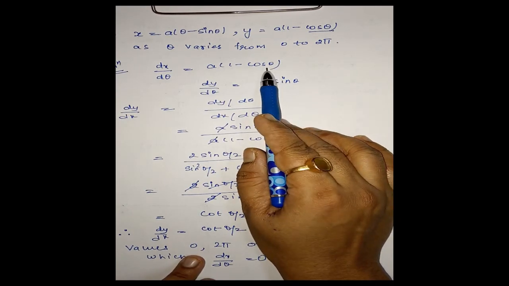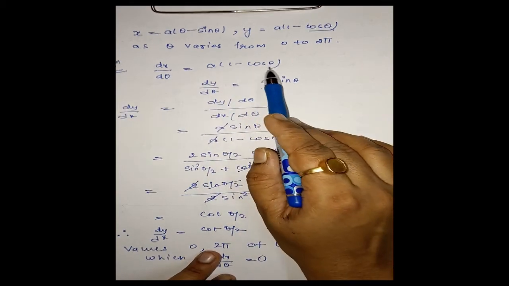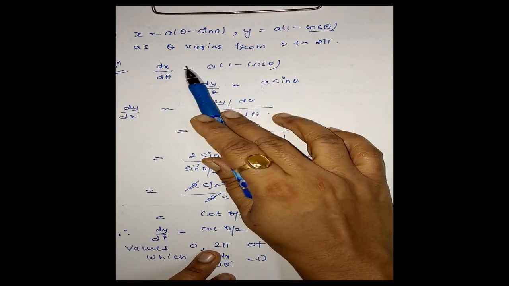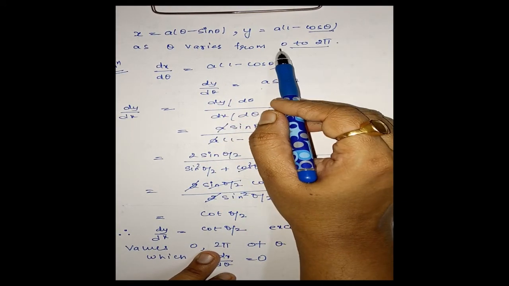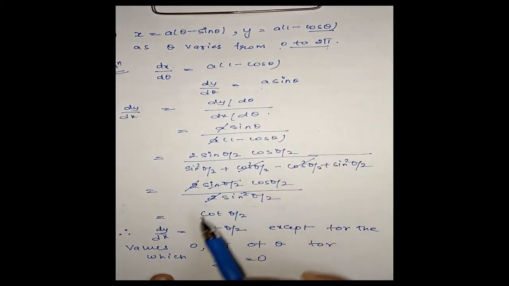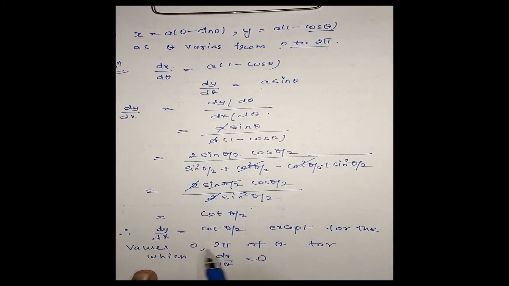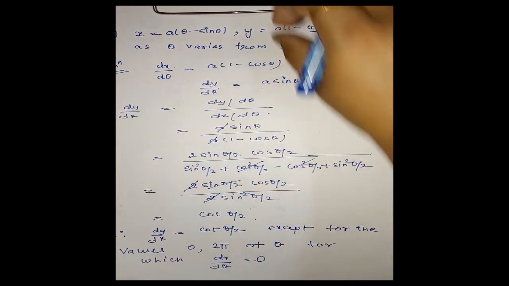When theta is 0, 1 minus 1 is 0, therefore dx by d theta is 0, and also at theta equal to 2 pi, 1 minus 1 is 0, so dx by d theta is 0. Therefore dy by dx is defined as cot theta by 2 except for the values 0 and 2 pi of theta. Now we have to find the points where the tangent is parallel to the x-axis and parallel to the y-axis.